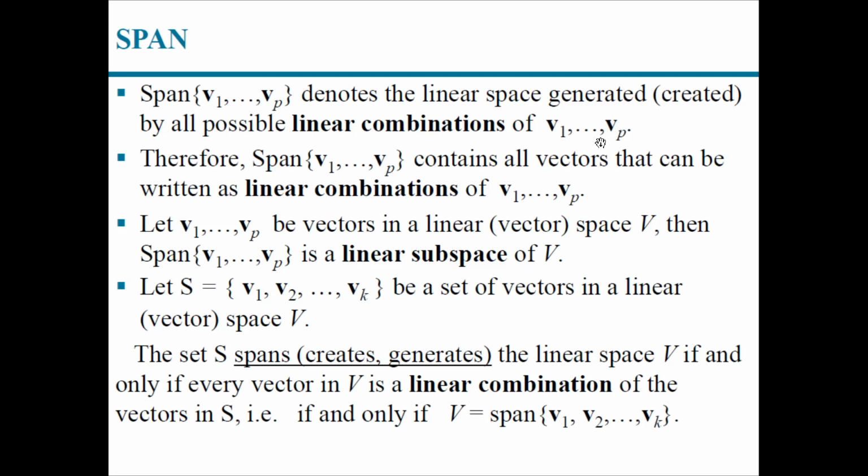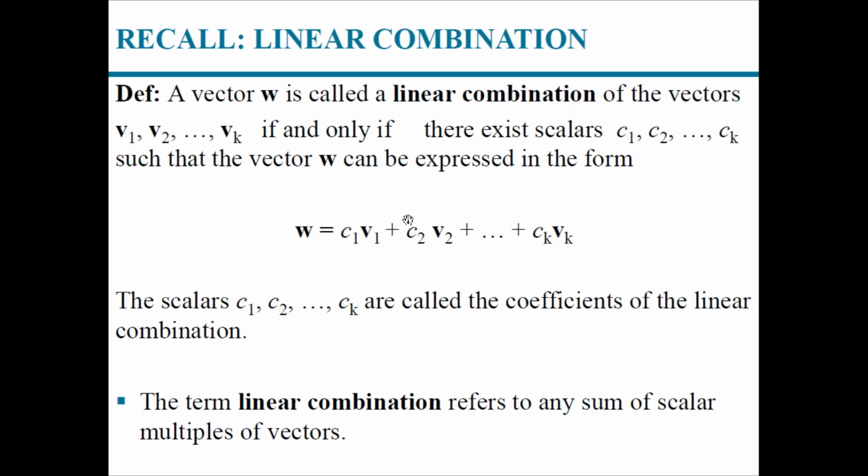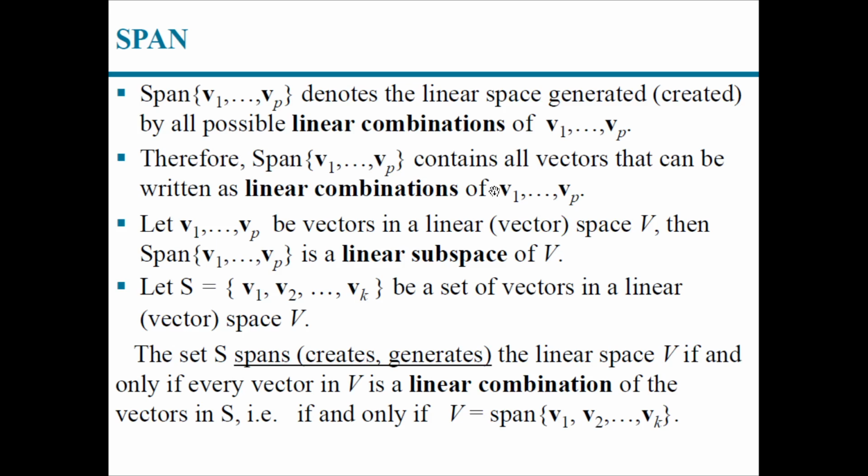So I take all vectors that can be written as a linear combination of v1, v2, ..., vp, and I put everybody together in one set, in one big bag. Well, that bag forms a linear space. And that space is called the span of the vectors.